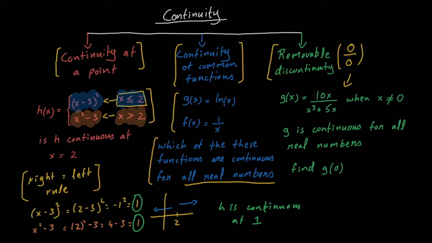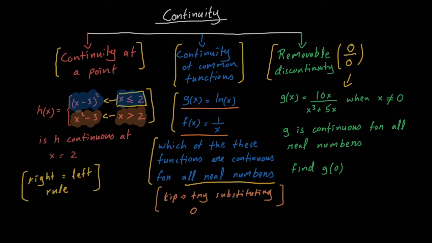For question type number 2, continuity of common functions, we have been given two functions here. The first one, g of x is equal to ln x, and the second function is f of x equal to 1 over x. The question is, which of these functions are continuous for all real numbers? Here the tip is simply to try substituting 0 into the equation and see if the answer exists. For any function to be continuous, it has to be defined at all points.